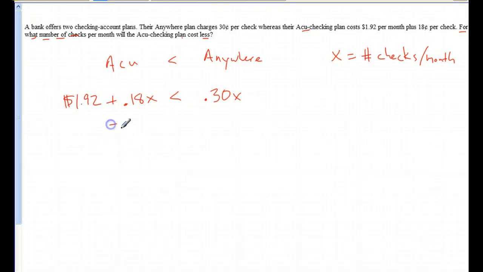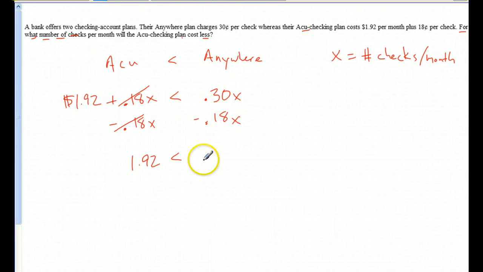Because it's only one step away, even though I said I normally put the x on the left, here 0.30x minus 0.18x is 0.12x, and then I'm going to divide by 0.12.